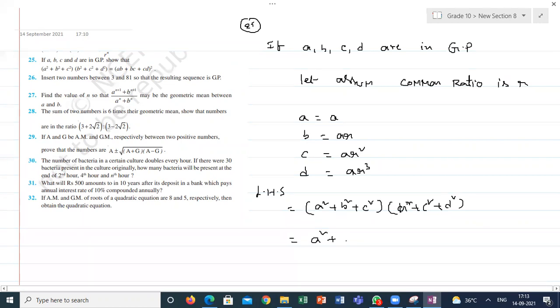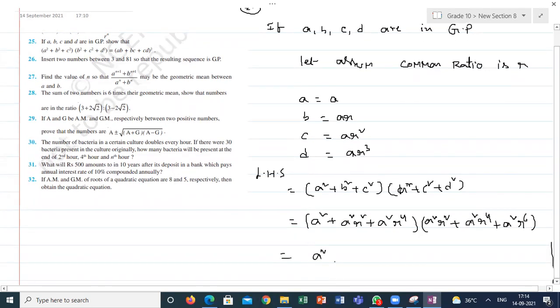In place of B square, it is A square R square. In place of C square, it is A square R square whole square, that is A square R power 4, into B square. B square means A square R square plus A square R power 4 plus A square R power 6.